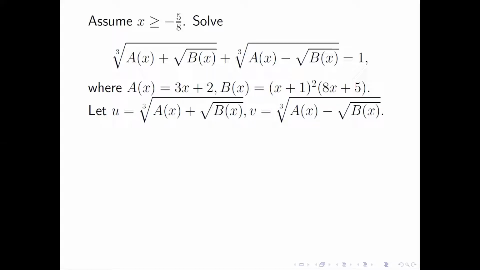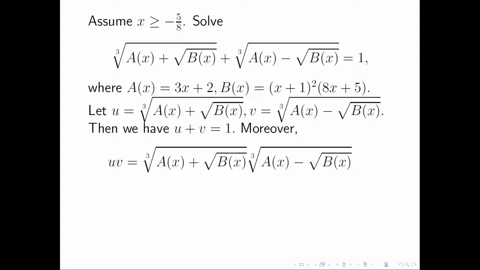First, we introduce 2 new variables. Let u be the first cubic root, and v the second one. Then immediately, we have u plus v equals 1. This is the equation.